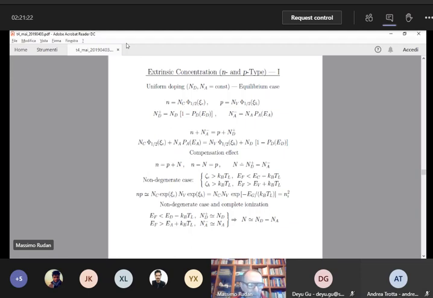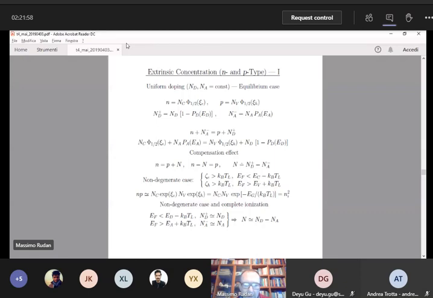So the form of the balance equation in this case takes the form that is typical of the p-doped semiconductor. Okay, again, you are using only the net concentration. So this is called the compensation effect. It is a partial compensation because in general ND plus is different from NA minus, so capital N is non-zero.